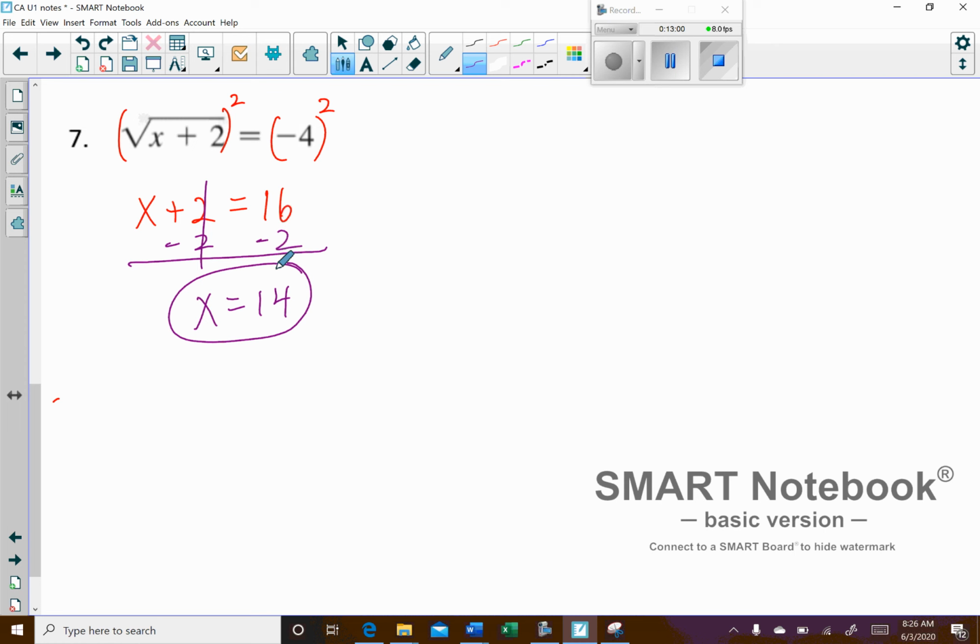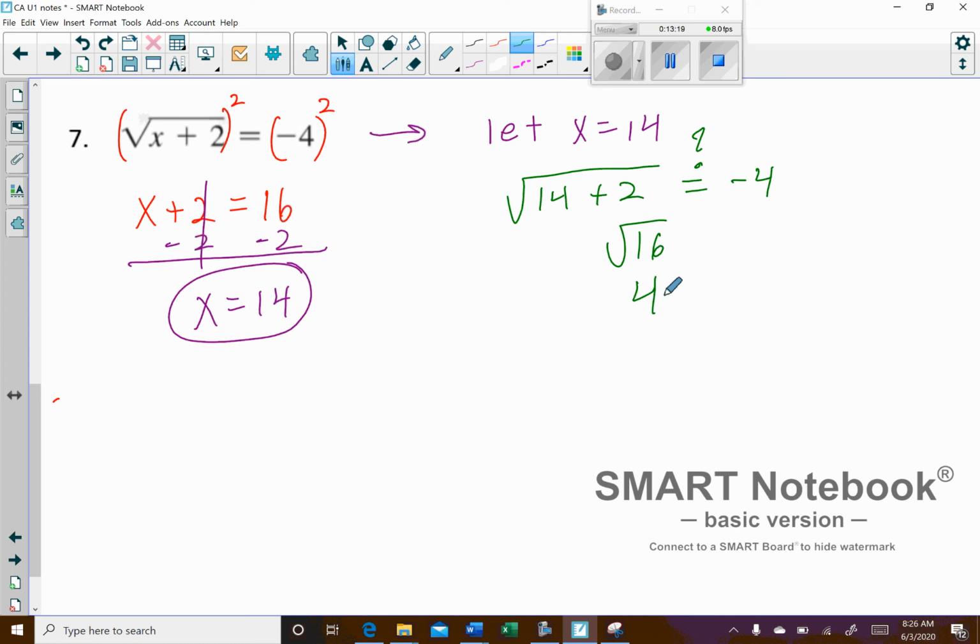Okay. Now we'll go ahead and check that. We'll go ahead and let x equal 14 and see what happens. So let's see, square root of 14 plus 2, does that equal negative 4? Well, let's see, square root of 16 is 4. 4 does not equal negative 4.